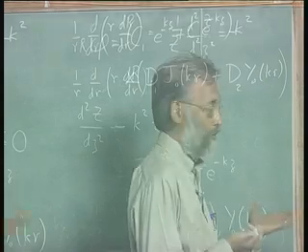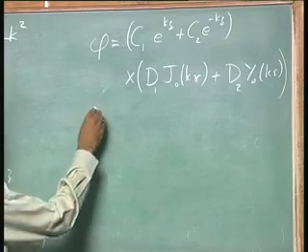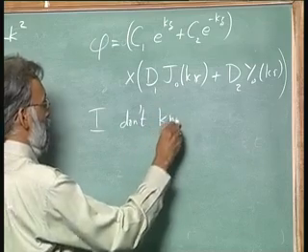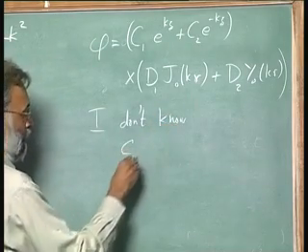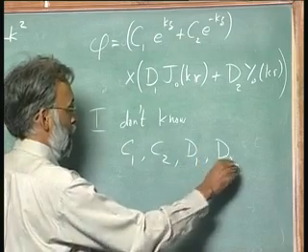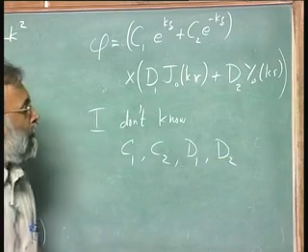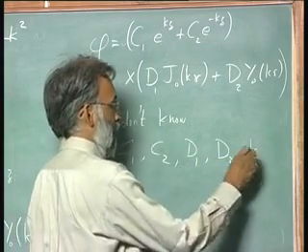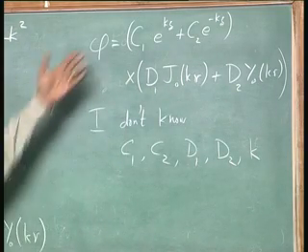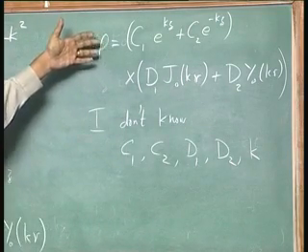And in this expression, I do not know C1, I do not know C2, I do not know D1, I do not know D2, and worst of all, I do not know k. In fact, I know hardly anything. It is a very embarrassing situation. I have solved the problem, but it is of no use to me.